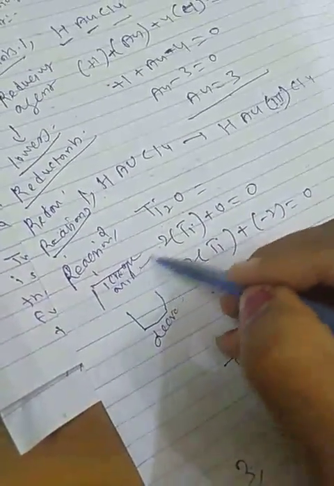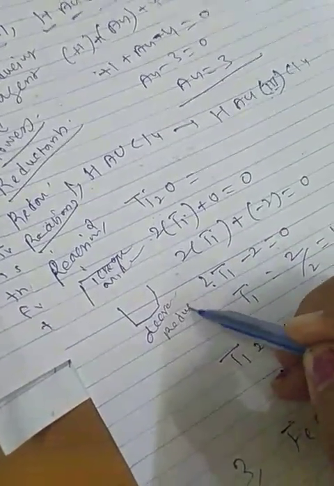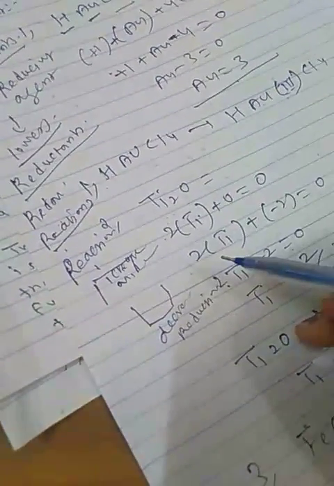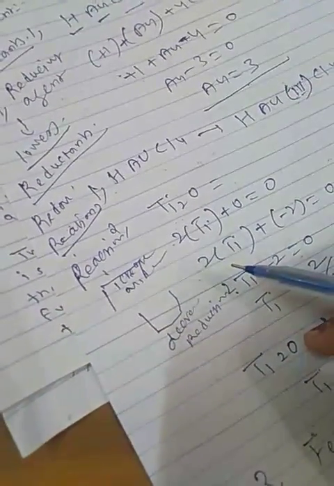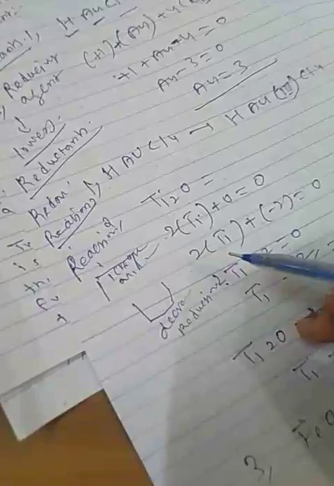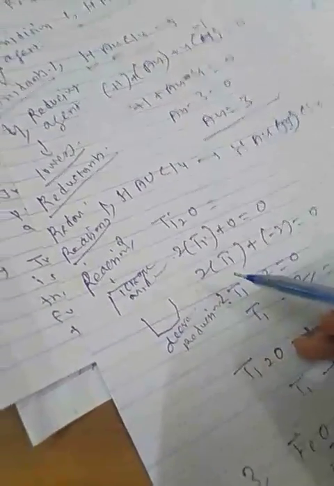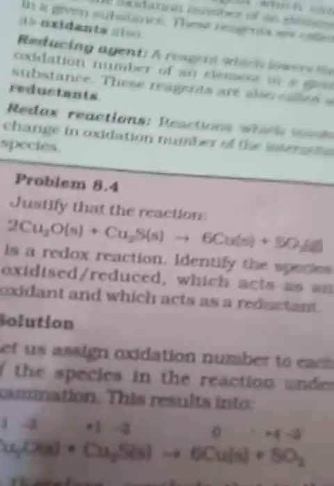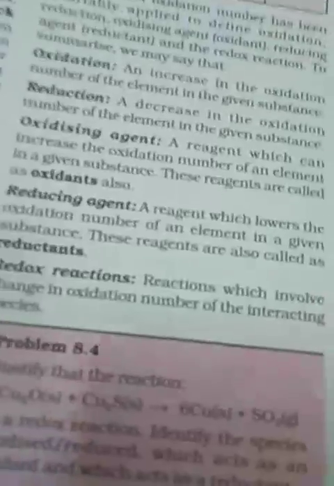This is called oxidation, this is called reduction. Afterwards in our course I will show you how to balance reactions with the help of oxidation number. But up to here I taught you the important rules that you have to follow. Now our next problem is numerical problem 8.4.